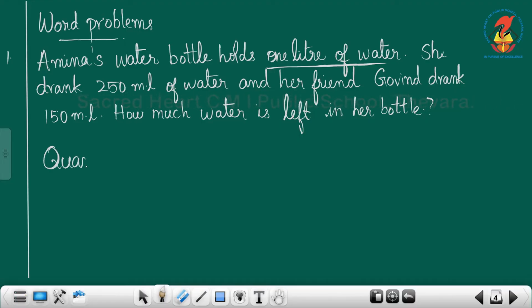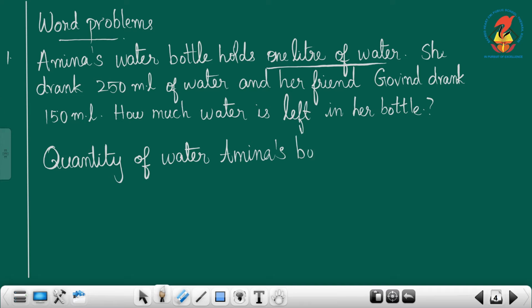Quantity of water Amina's bottle holds. It's 1 liter. Okay.